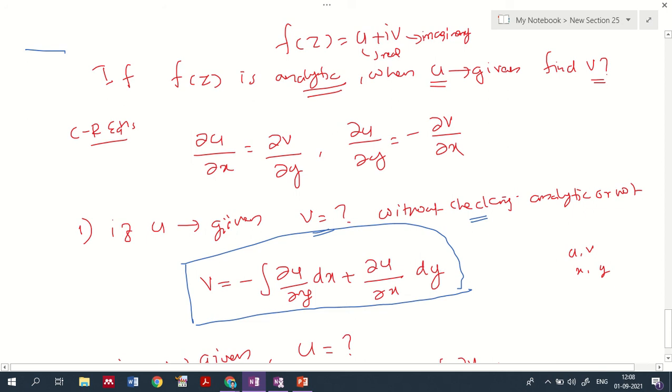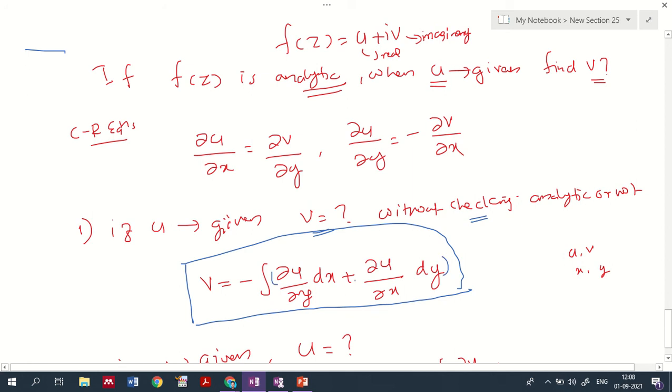Why do I represent it this way? Because dou u by dou y will give you a value in terms of x, and then you integrate that term, and dou u by dou x will give you a value in terms of y, so you have to integrate that term. Here there will be a bracket.